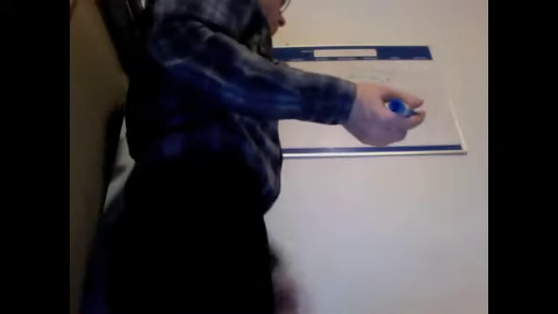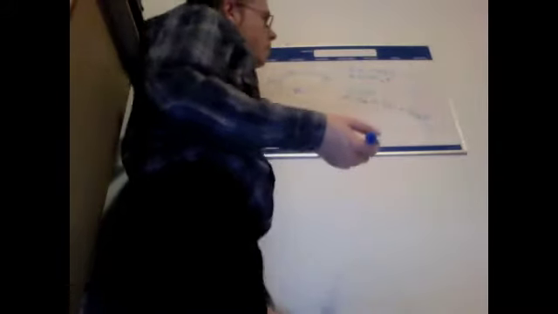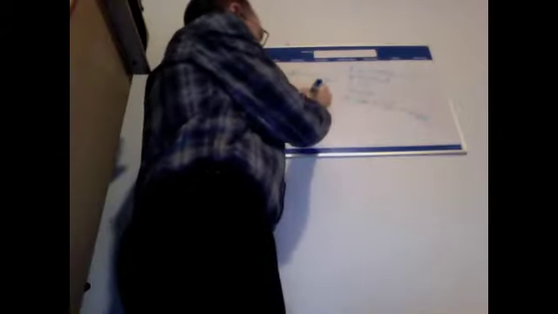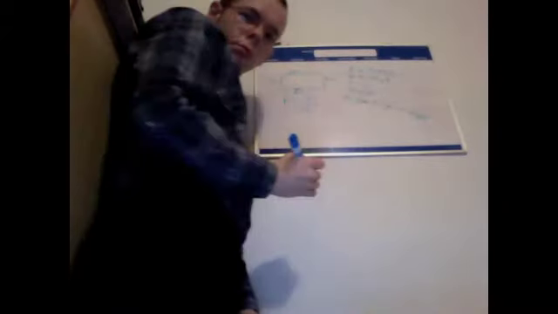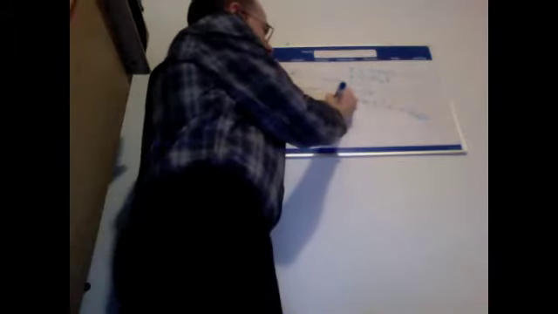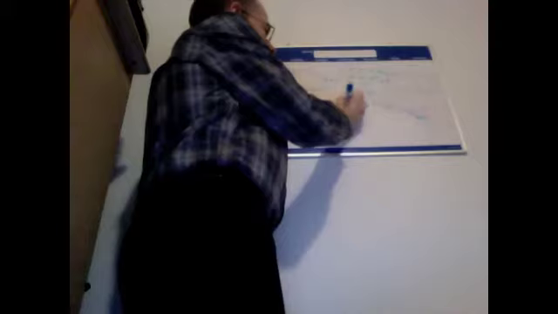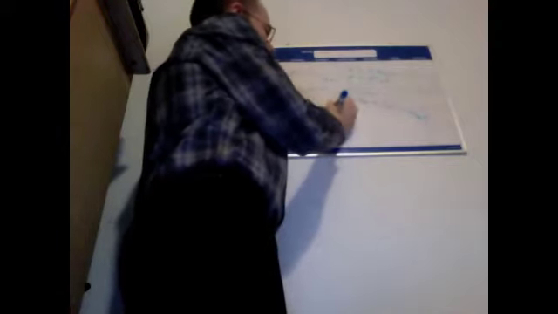Continuing this problem, since we now know force and area, we can now solve for pressure using the same equation. Pressure equals force over area, same as always. Force being 10,000 newtons, and area being 40 square meters.